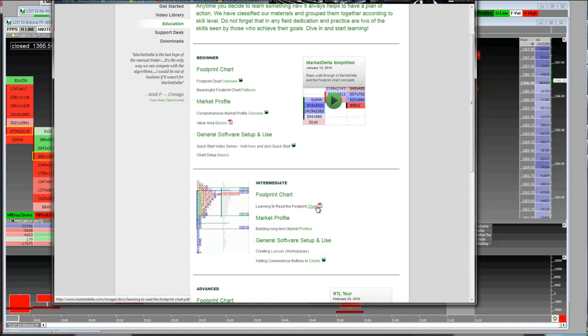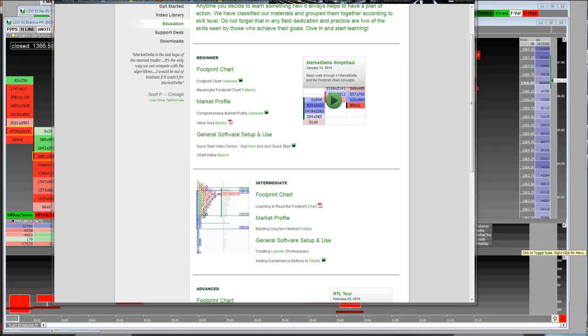Learning to read the footprint, right here. This document is pretty much everything you need to know to build a very good foundation for reading the footprints and then going away and being able to apply those concepts.